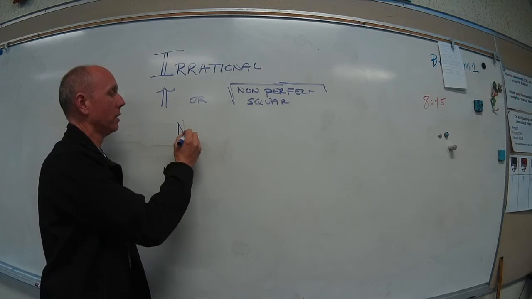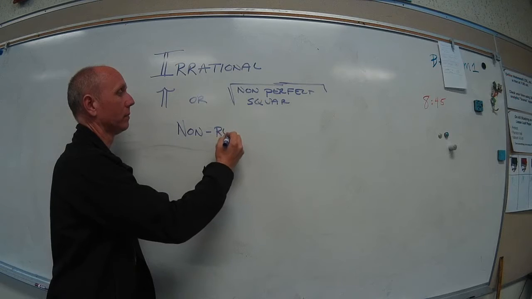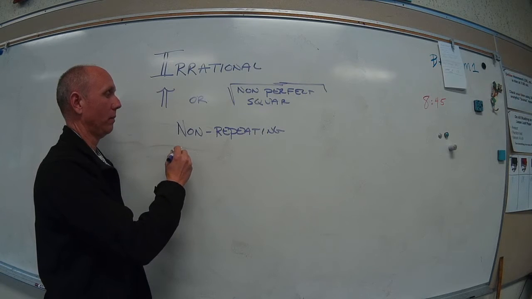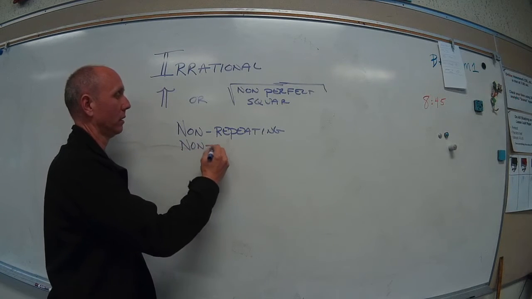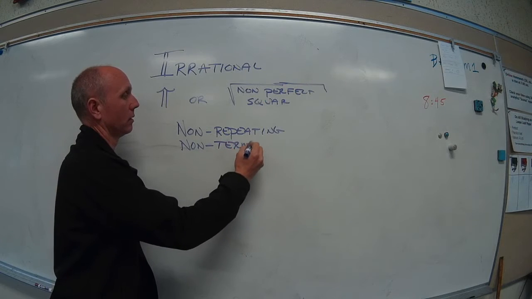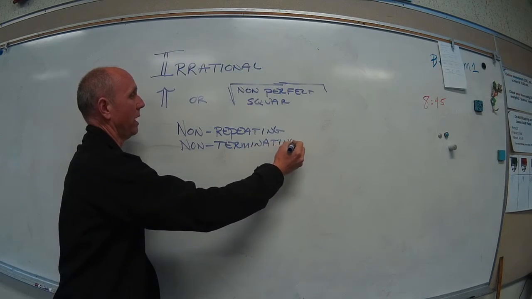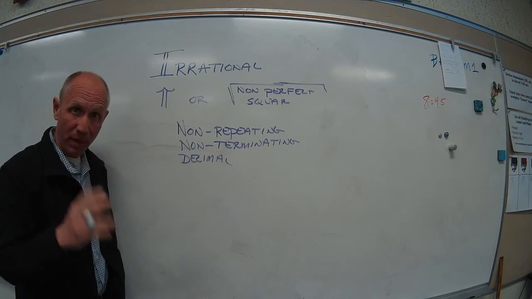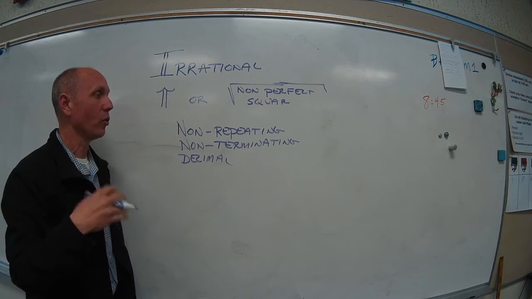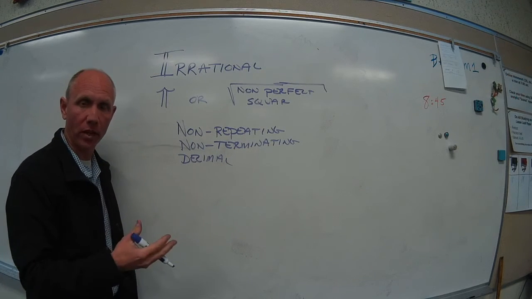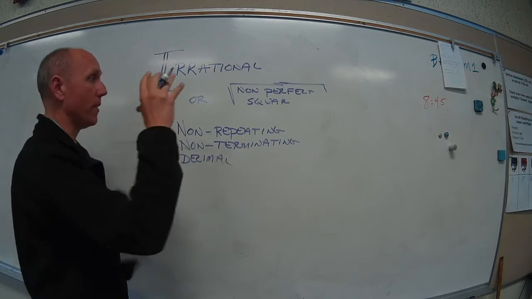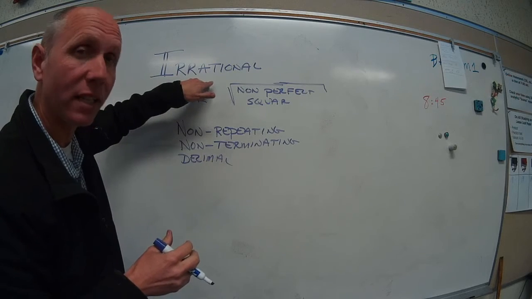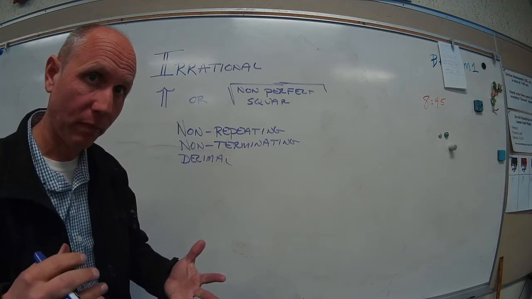Or a non-repeating, non-terminating decimal. Irrational, so things like pi, square roots that I don't know, and non-repeating, non-terminating decimals. These are things that go on forever without repeating. If you see it, it's irrational. If you don't see it, it makes it rational.